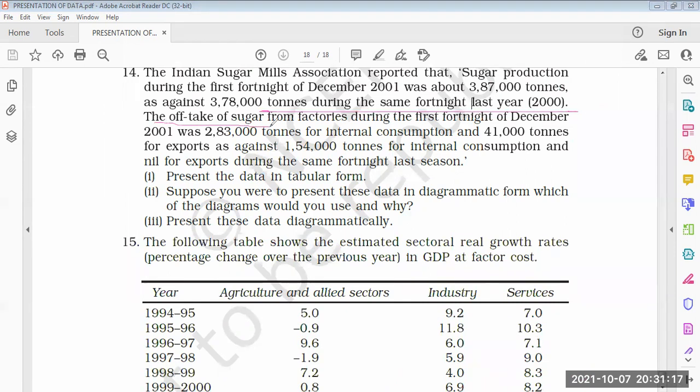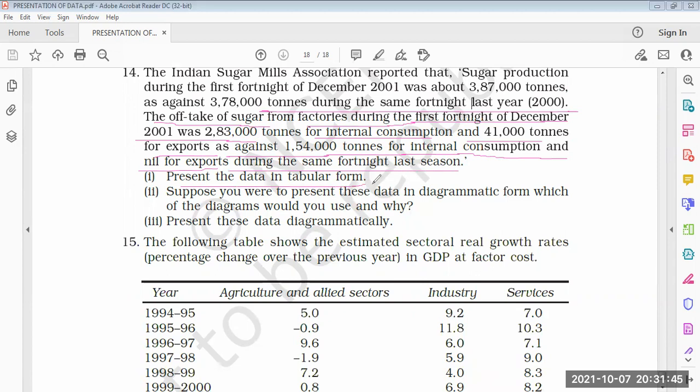The offtake of sugar from factories during the first fortnight of December 2001 was 2,83,000 tons for internal consumption and 41,000 tons for exports, as against 1,54,000 tons for internal consumption and nil for exports during the same fortnight last season. Present the data in a tabular form.